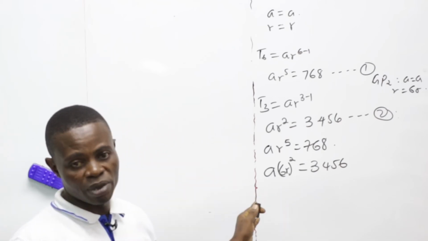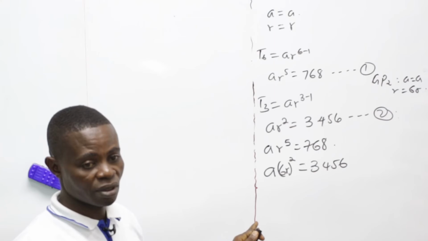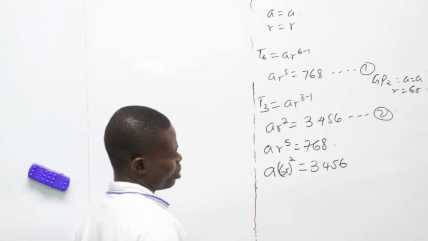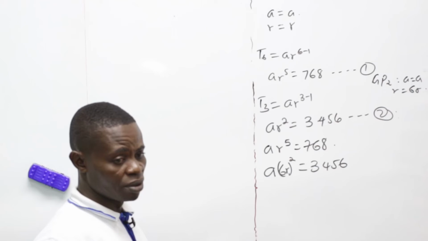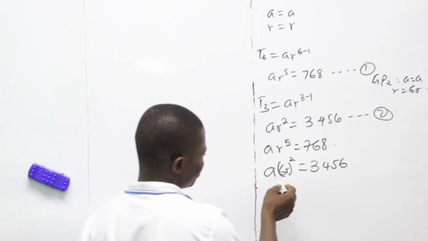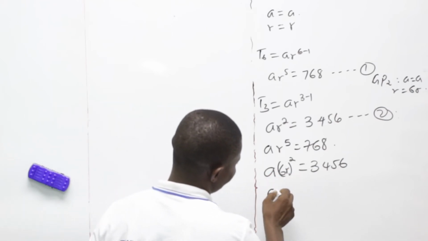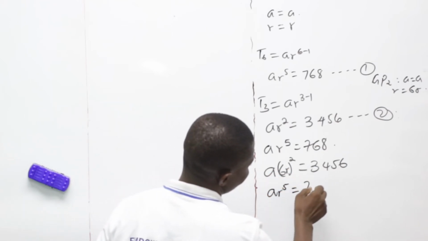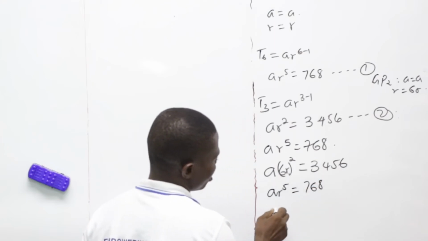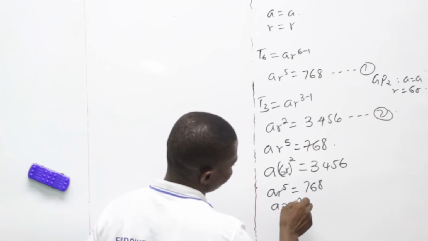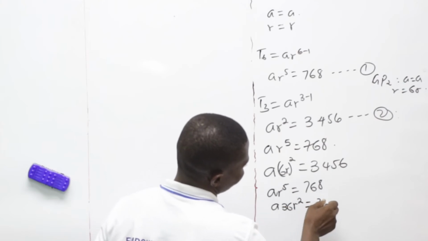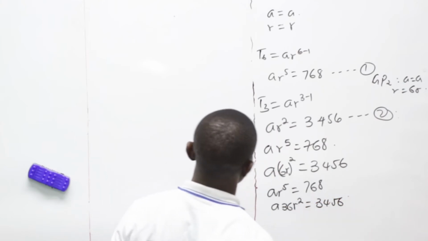This is where we have problem in solving some questions in WAEC. So, when you have this, what do you do? You begin to interpret by saying that AR5 still remains what it is, and this means 36R squared equals 3,456.